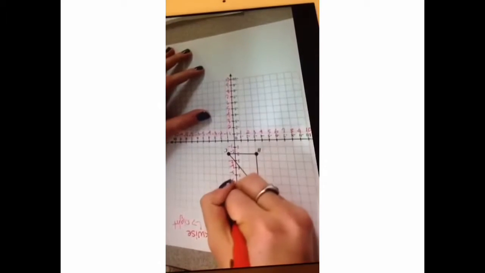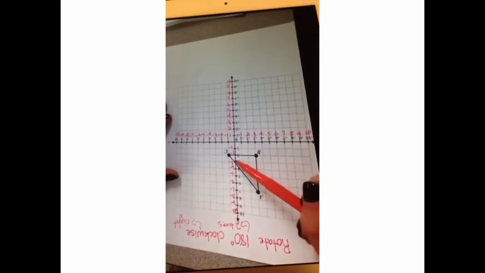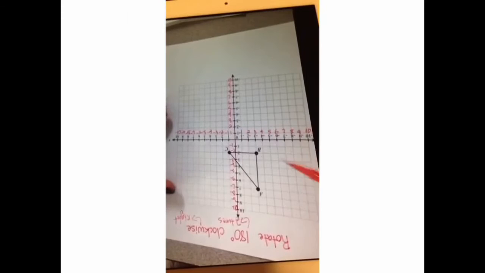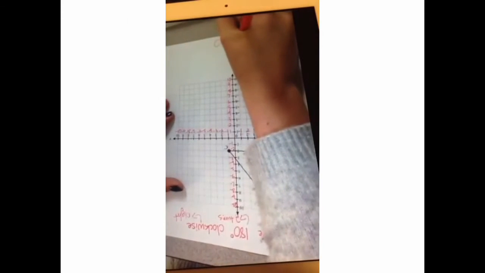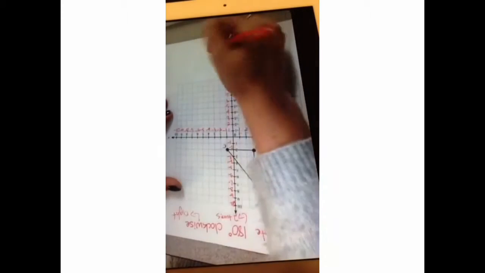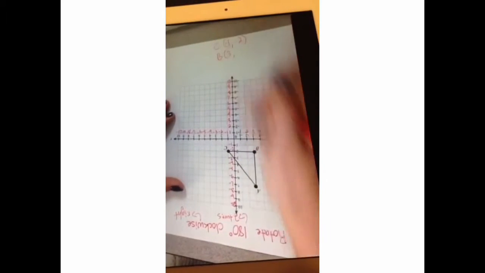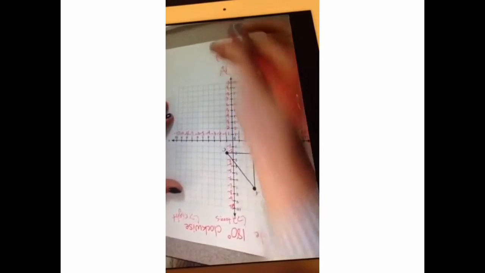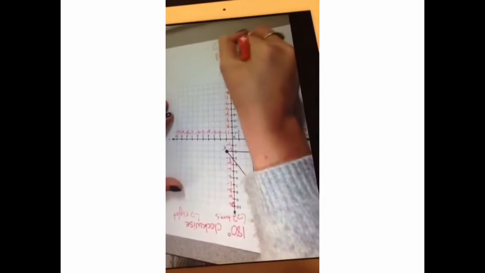My next step is to write down the coordinates of my triangle A, B, and C from my new graph that I just did with my turns. So C is now at -1, -2. B is at 3, -2. And A is at 3, -7.